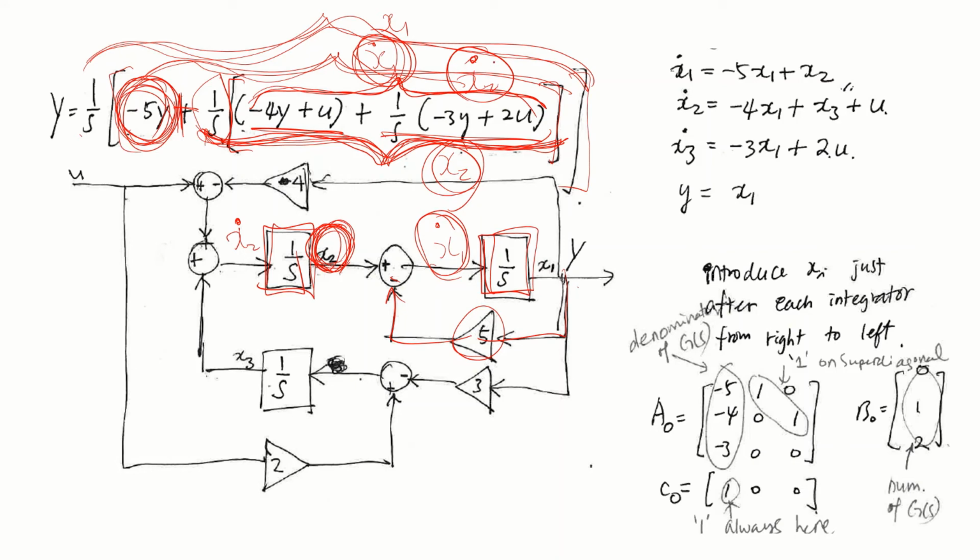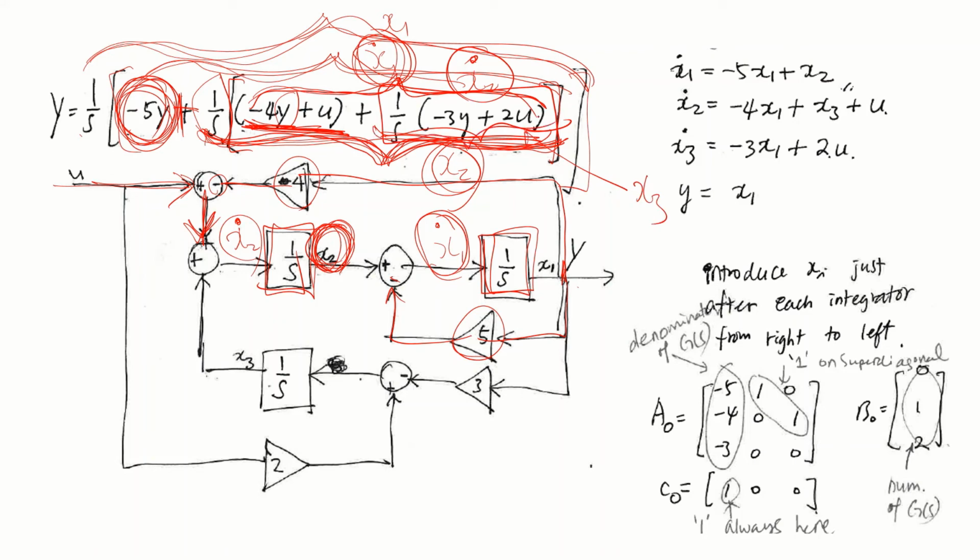So x2 dot is minus 4y plus u. Here y was x1, so x1 times 4 with a negative sign, plus u. u comes here. So this one is basically minus 4y plus u. And then we need this. This one now is called x3.